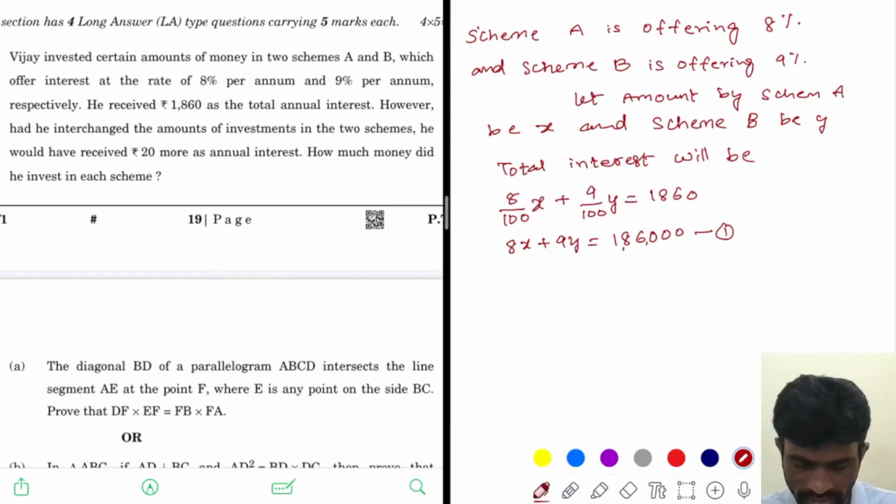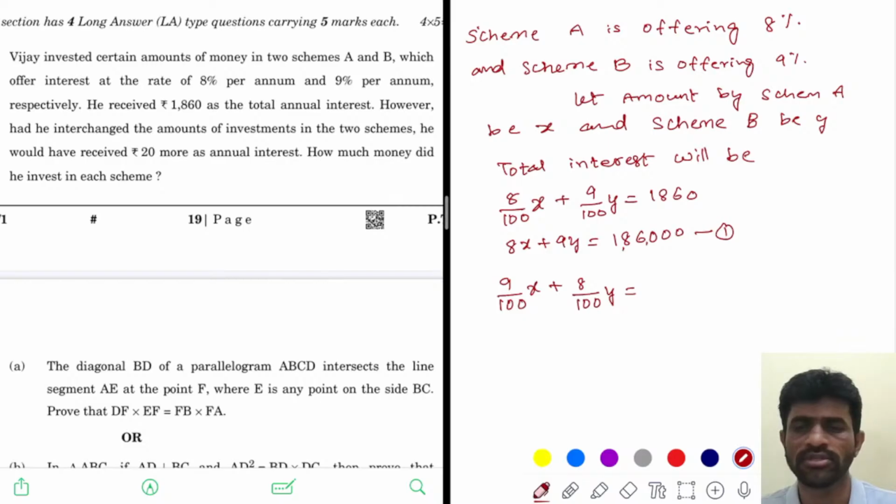Now what happened later? They interchange the interest rates. Then the second equation will be 9 by 100 into x plus 8 by 100 into y is equal to 20 rupees extra interest, so it is going to be 1880.